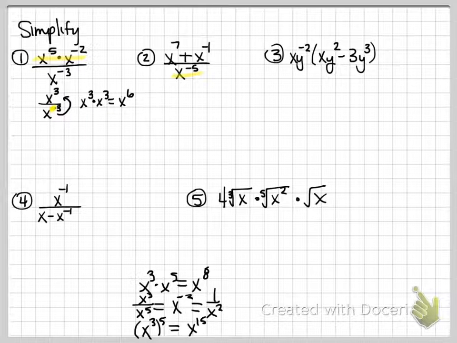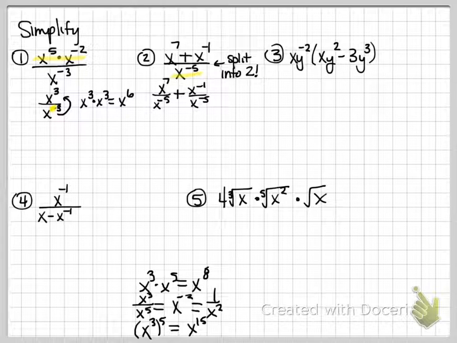So what I'm going to do is split it into 2 fractions. I'm going to write a little note, split into 2. So I get x to the 7th over x to the negative 5 plus x to the negative 1 over x to the negative 5.